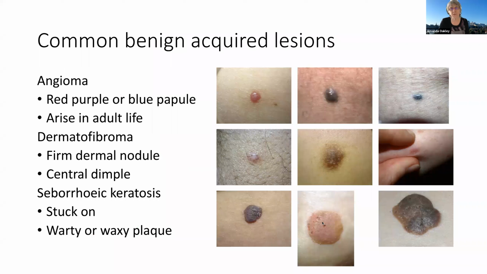So as a summing up, have a look at your spot. Is it an angioma, which is a red, blue or purple papule arising in adult life? Is it a dermatofibroma, which is a firm dermal papule with a central dimple? Or a seborrheic keratosis, which is a stuck-on, warty or waxy plaque?